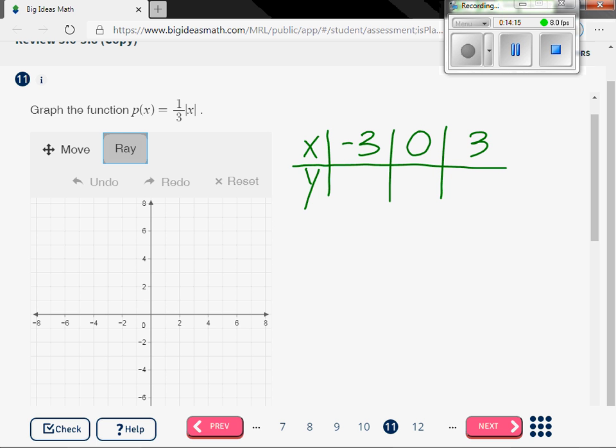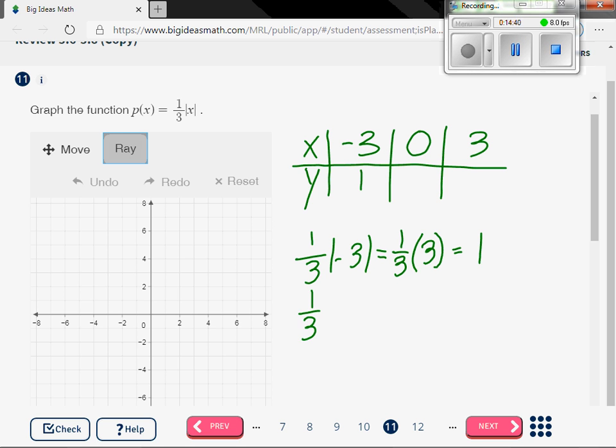I'm going to help you all out with this one here because this one here doesn't work well with -2, -1, 1, or 2 because of the 1/3. Now if we plug in -3, 1/3 times the absolute value of -3. Well, the absolute value of -3 is +3. So 1/3 times 3 gives me 1.